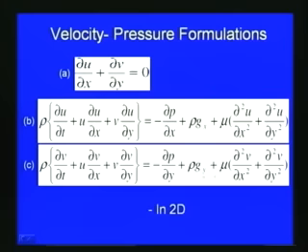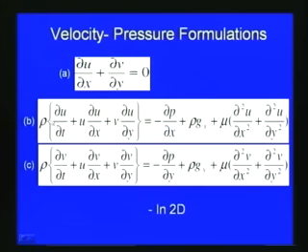So, if you consider 2-dimensional problems, the equations are the continuity equation given by del u by del x plus del v by del y is equal to 0, and then we have two momentum equations, which we have already derived.